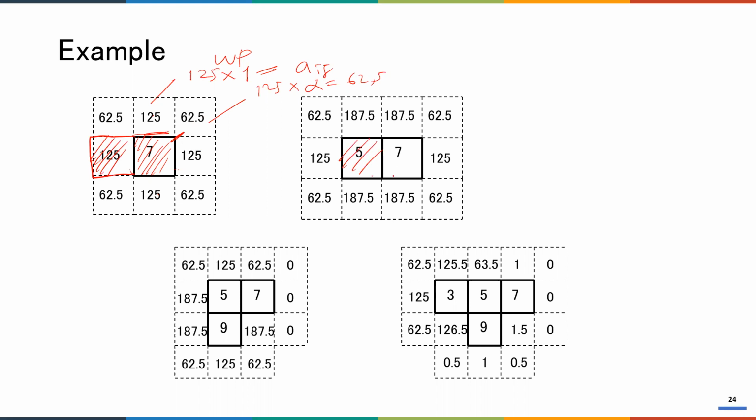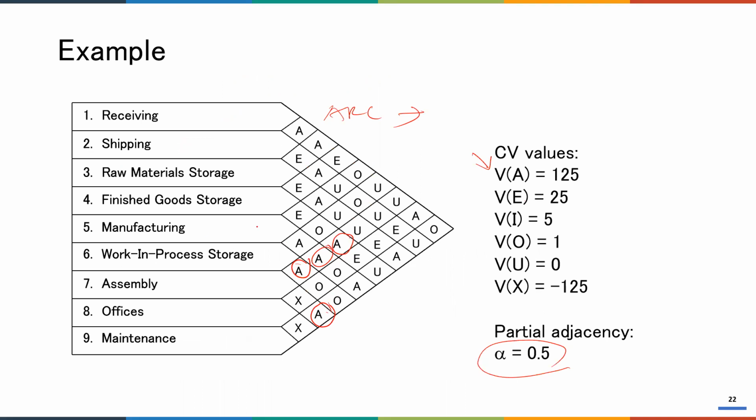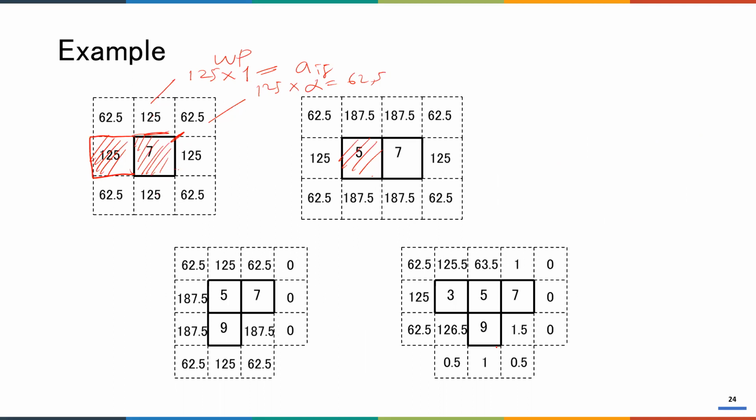Then we check again which department should be placed after department number 5. For example, 5 has a relationship with 6 and with 9, and then we check the TCR, and 9 has a better TCR, so we choose number 9. Then we calculate again.